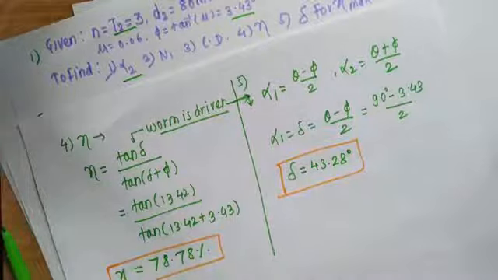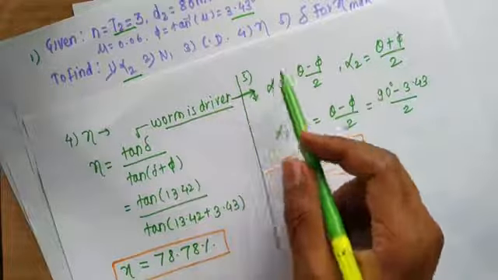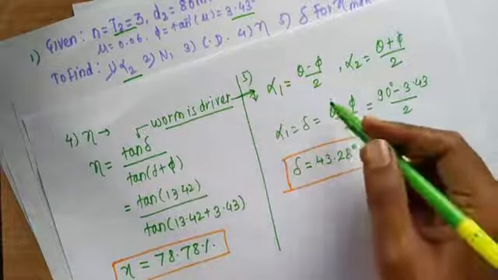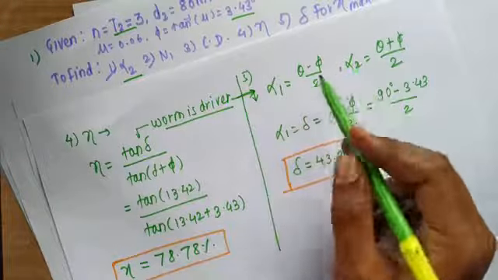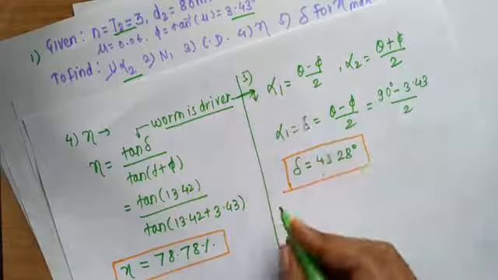Again, if you know the condition for maximum efficiency, then we can solve it very easily. Here we need to check who is driver. As worm is driver, I use this condition. If worm gear is driver, then this formula will get changed.